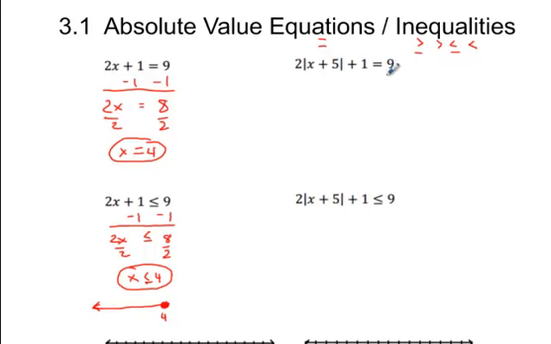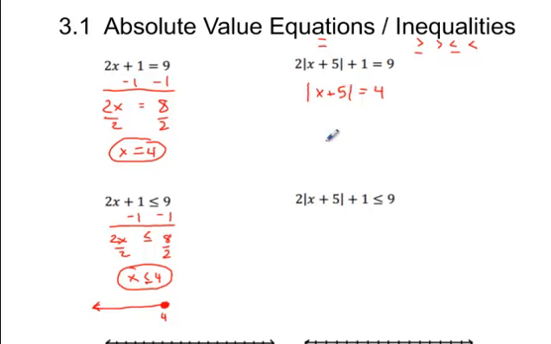That 9 is going to become a 4, because I'm going to subtract 1 from both sides and divide by 2. So I will get the absolute value of x plus 5 is equal to 4. Again, same steps. That was a 9. I'll subtract 1 from both sides, it becomes an 8, I'll divide by 2, it becomes a 4. So I'm taking this to where I've already done the same type of problem 2 times in a row.